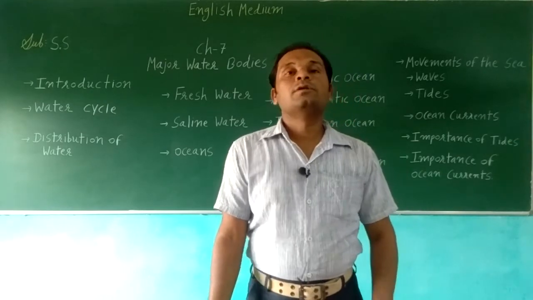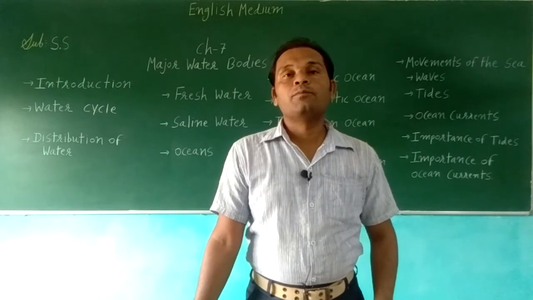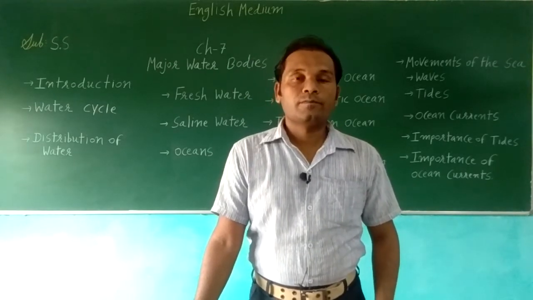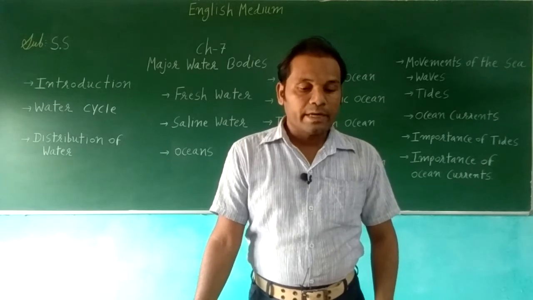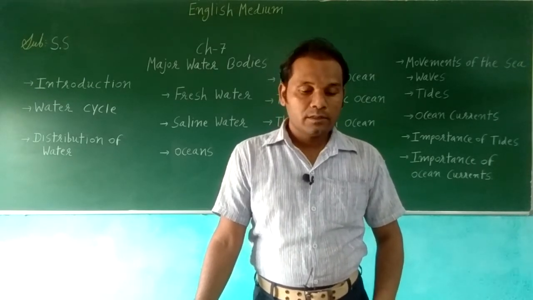Tides are caused by the gravitation of the moon, because the moon is very near to the surface of the earth. The gravitational pull of the moon is much stronger than that of the sun.